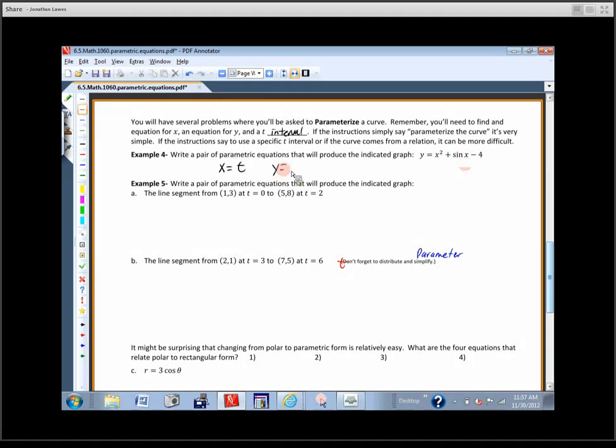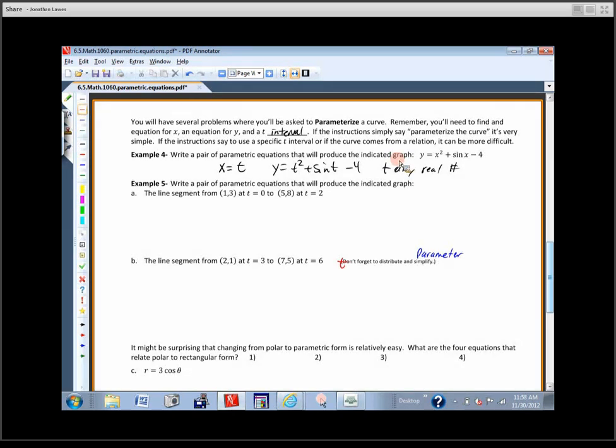So this would be y equals t squared plus sine t minus 4. Now, since there are no limits on what x can be here, from negative infinity to infinity, there are no limits on what t can be, so we could say t is any real number. Okay?